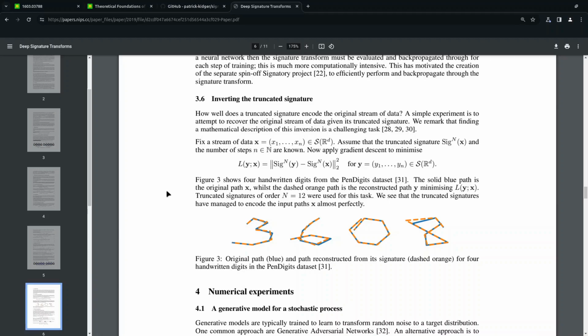Even computing the first signature terms, that's 4000 right off the bat. Then the second order you need 4000 squared.